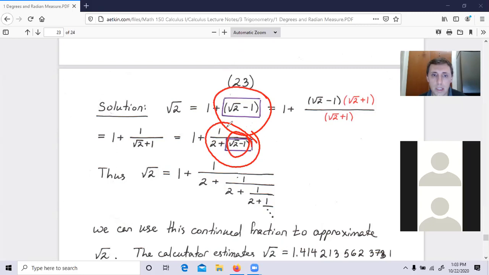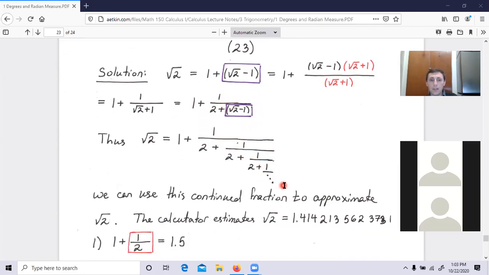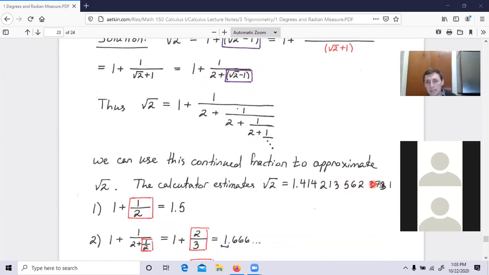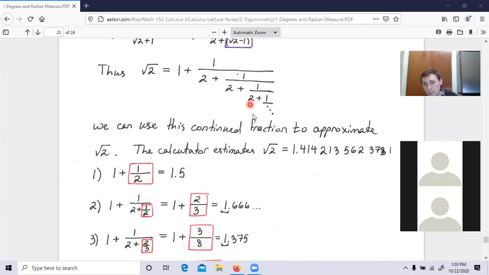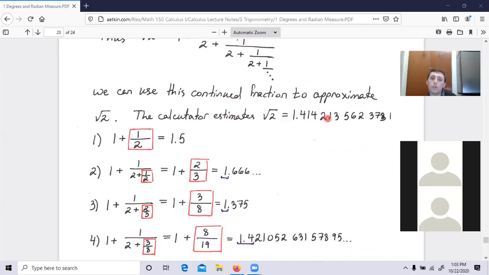So you see that it's the circle, it's inside of itself. And that allows me to quickly generate this continued fraction. Root 2 is 1 plus 1 over 2, 1 over 2, 1 over 2 forever. So the calculator estimates this number. And let me show you how you can use this tautology to get this estimation.